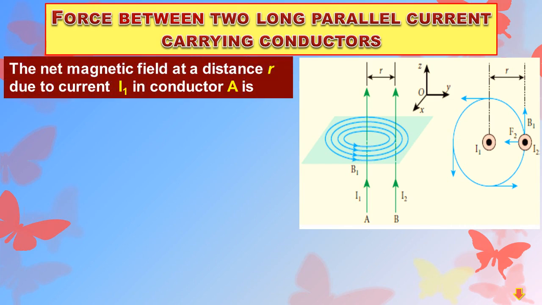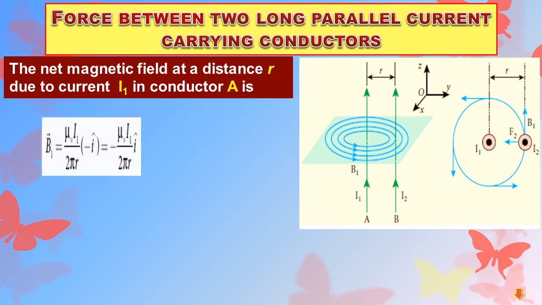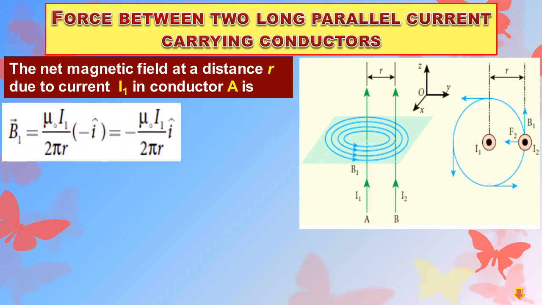The net magnetic field at a distance r due to current I1 in conductor A is B1 vector, which is equal to minus mu naught I1 divided by 2 pi r into I cap, because of the direction.